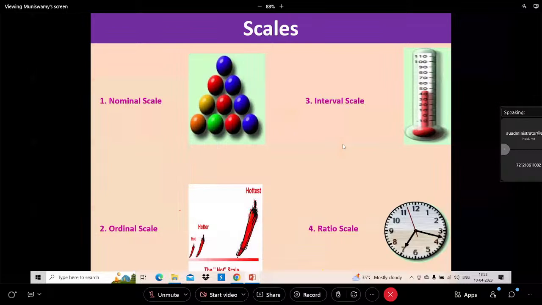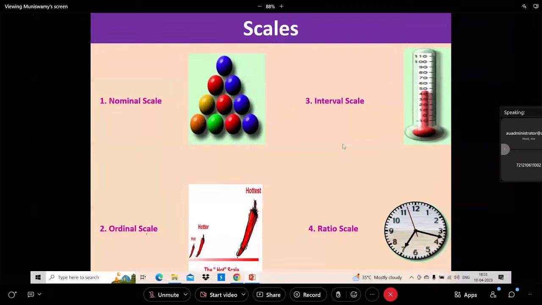Whereas in the ordinal scale, we can apply less than, greater than, equal to. Now you see, hottest is greater than hot. That means here we are applying logical operators.